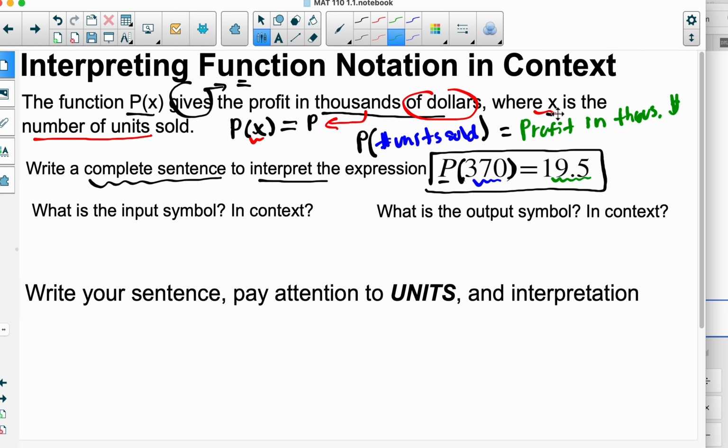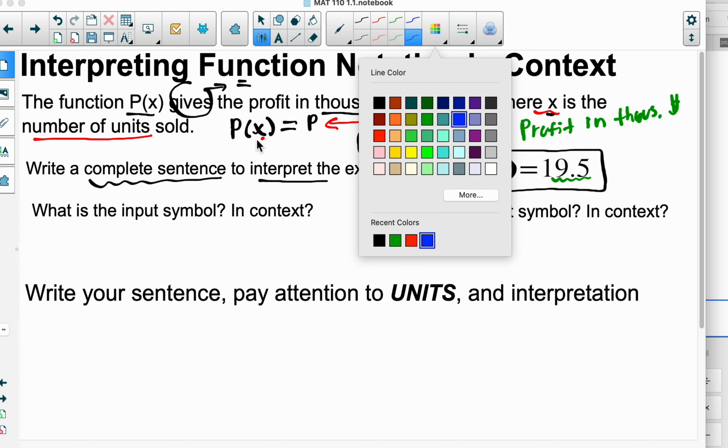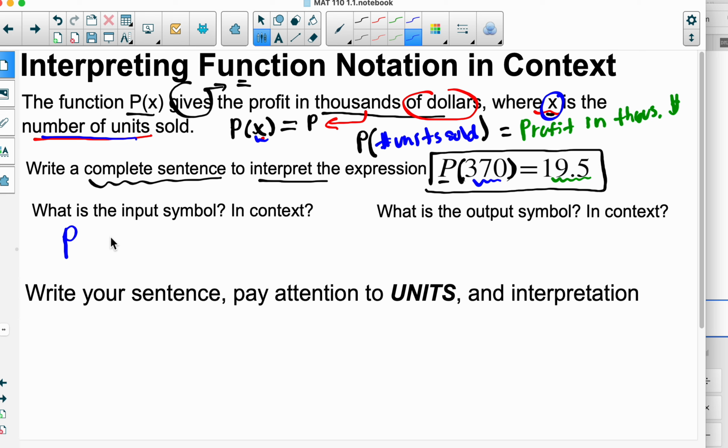So let's talk about what is the input symbol. Well, the input is always inside the parentheses. In this case, x is inside the parentheses, and it tells me here that x is the number of units sold. So my input variable or symbol is x, and if I write that in context, x is the number of units sold.